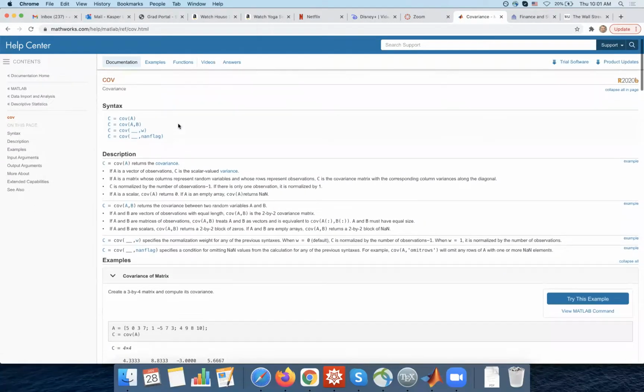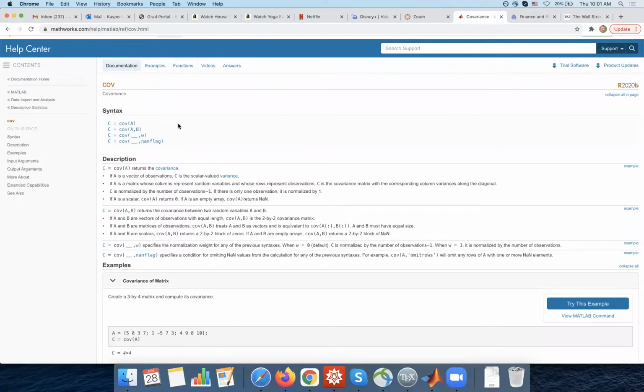Okay, so then the thing to look out for is this n or n minus 1, which we talked about last time. We also mentioned it today. And here it says, C is normalized by the number of observations minus 1. Right, so that was what we had too. We divided by not n, but n minus 1.